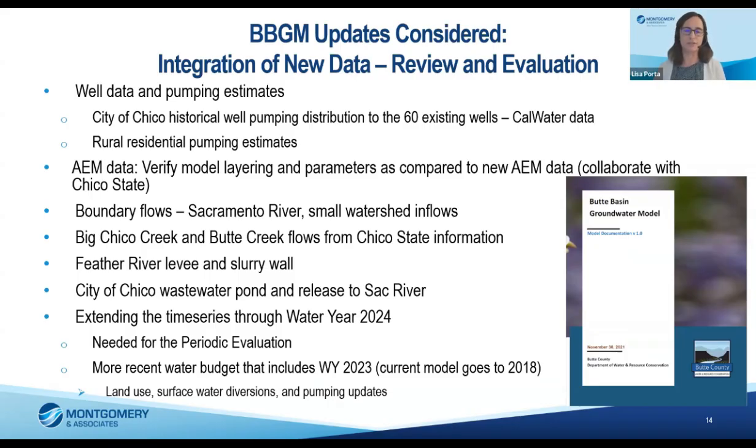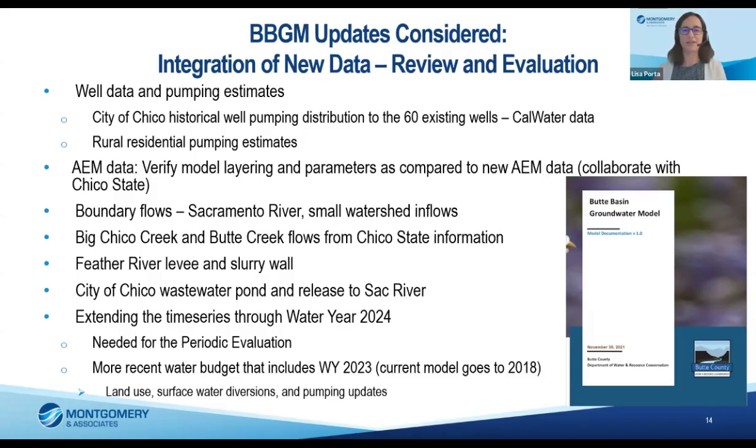So some of the data we chose not to incorporate because there might be more work to process than the effect it will have on the model. Some information was maybe not quite ready for the modeling update yet, like the AEM data. This is the airborne electromagnetic information collected by helicopter that takes an MRI of the subsurface. That information is further refined by DWR, and they're looking at incorporating it in models as well.